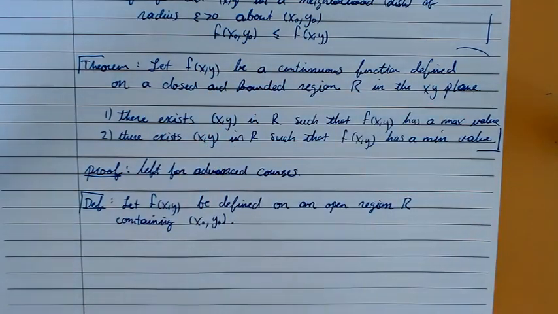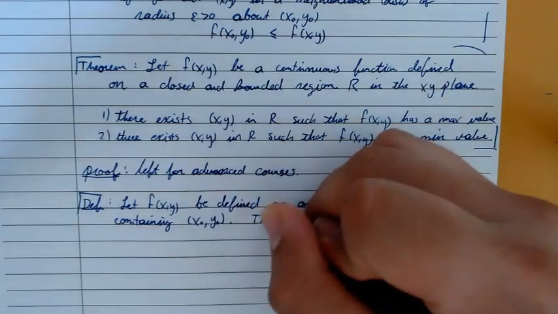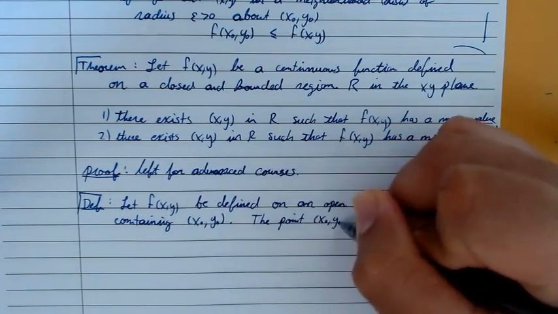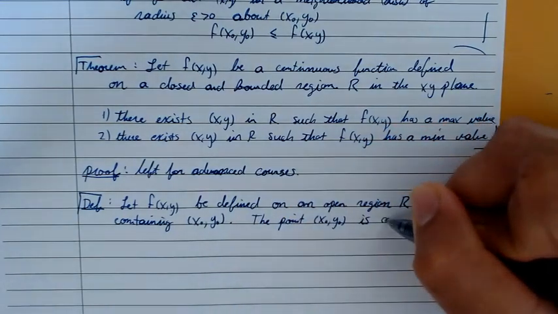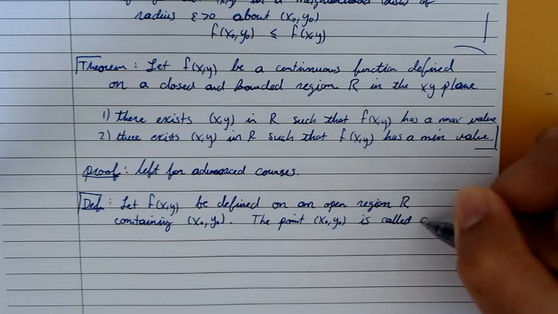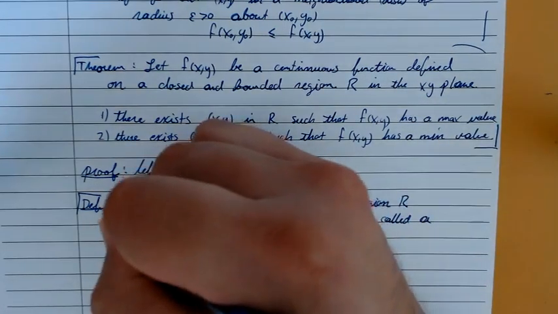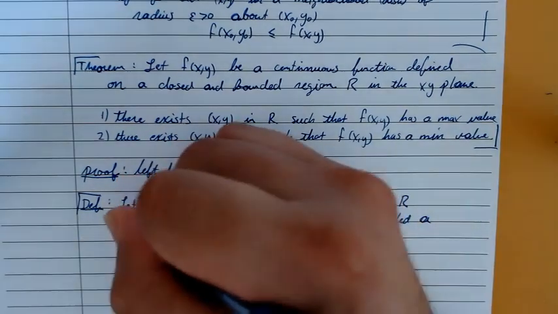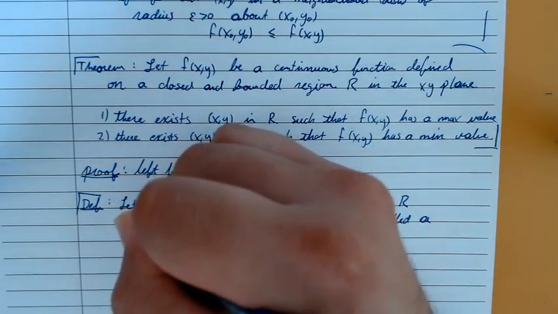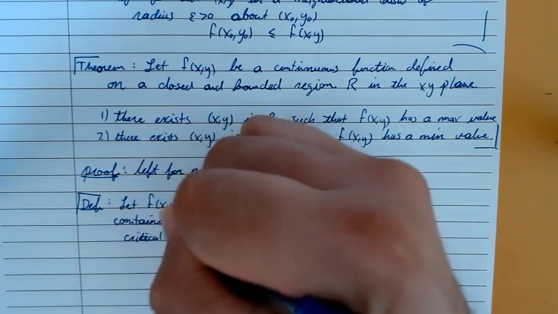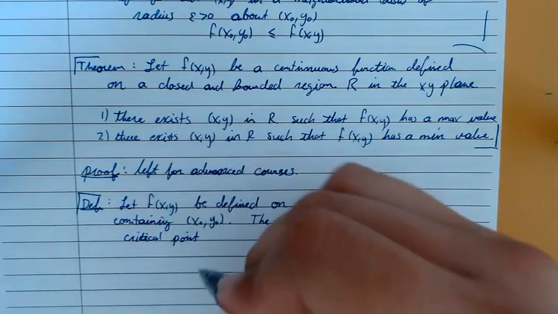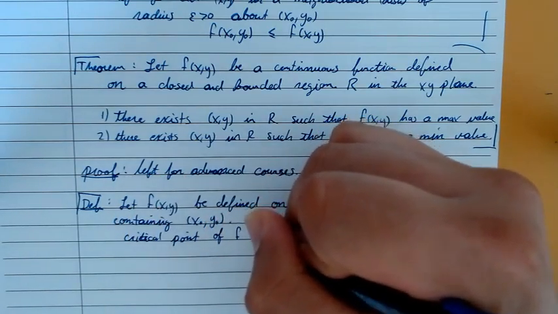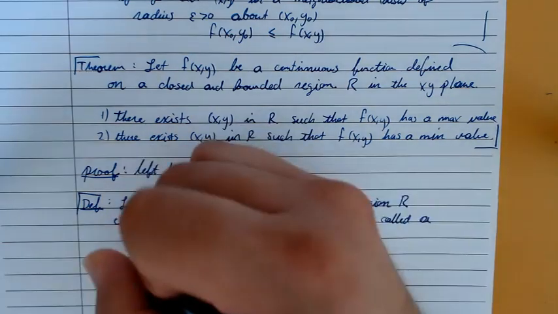That point x naught comma y naught is called a critical point. You may remember the name critical value from Calculus 1. The critical point of the function f if either of the following is true.